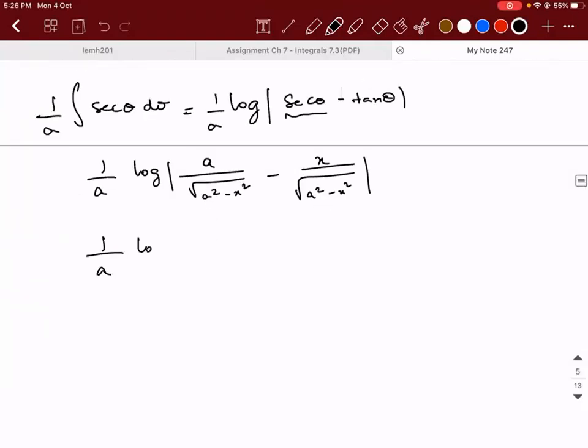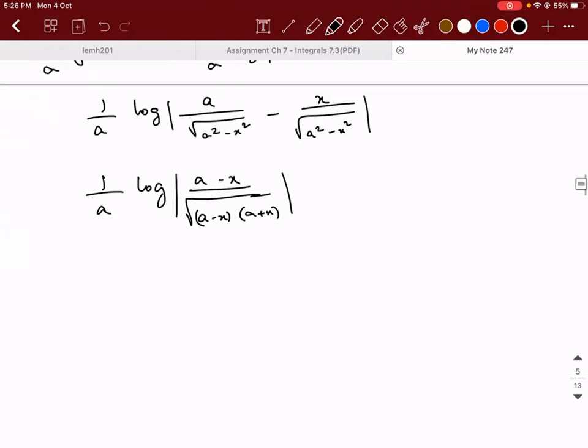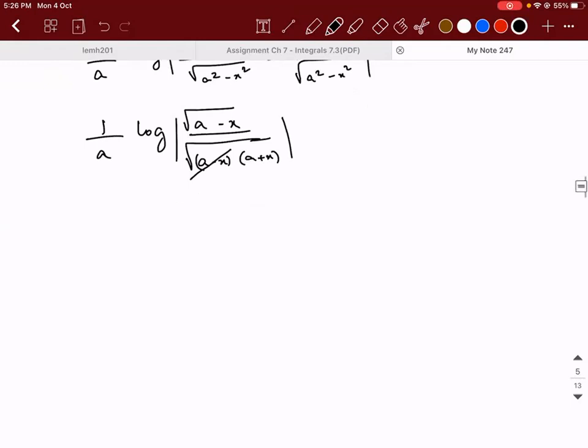Yes, sir. So 1 by a into log of a minus x divided by root of, can I write it as a minus x into a plus x? Yes or no? So a minus x will cancel this square root times.